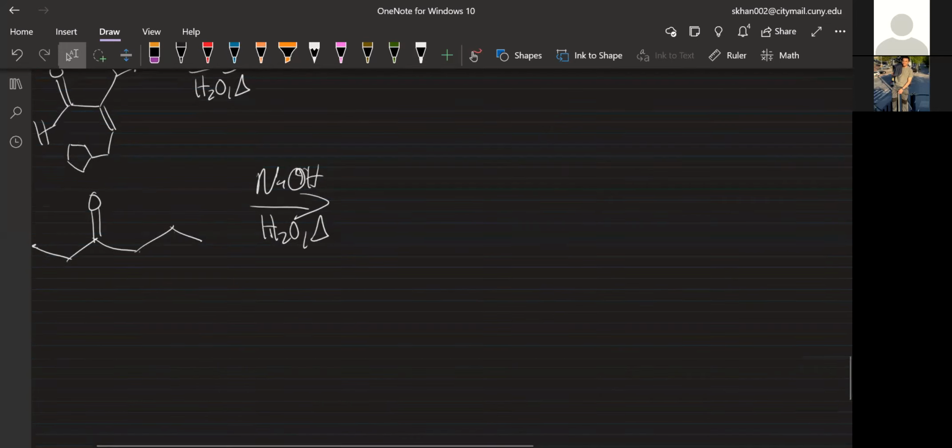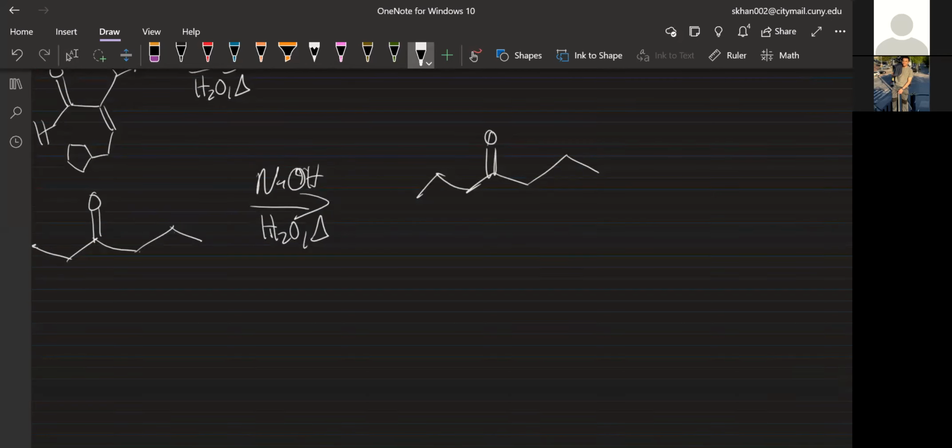So in order to get your product, you can draw your original starting material just as is, right? And is this symmetrical, unsymmetrical? Symmetrical. So does it matter which alpha position we choose? Nope.